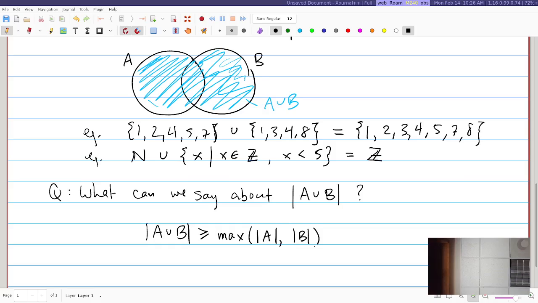You all agree? Okay. Yeah, this makes sense, because let's say A is bigger. Everything in A has to be in here. There might be some extra stuff too, but it's definitely got to be at least that big. Could this ever be equal? In what cases would this actually be equal and not greater?